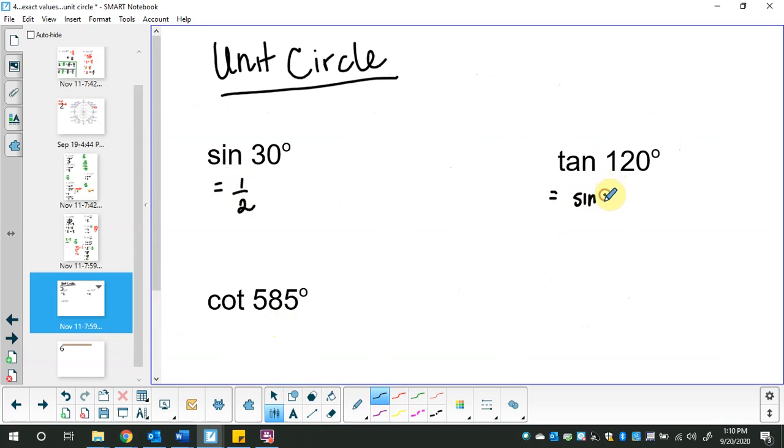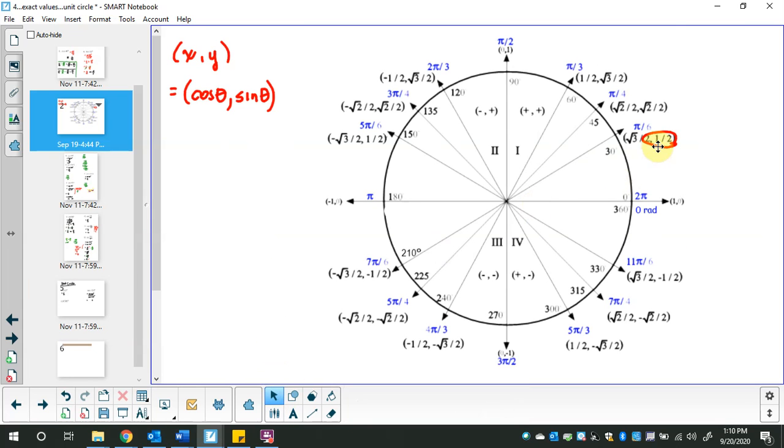Tan is not. So I need to find 120 and steal both sine and cos in this order and plop them down. Sine, then cos, sine, then cos. So sine, root 3 over 2, cos, negative 1/2.